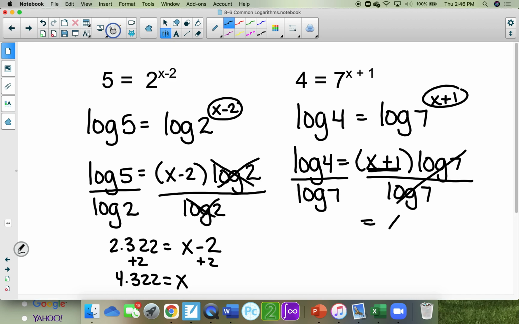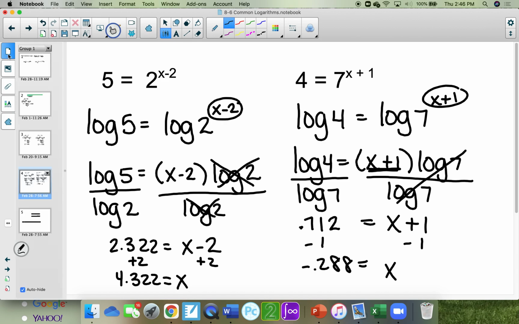These will cancel out, so you're left with x plus 1 equals the log of 4 divided by the log of 7, which is 0.712. But in order to get x alone, I need to subtract 1. So 0.712 take away 1 is going to be the answer. Final answer.